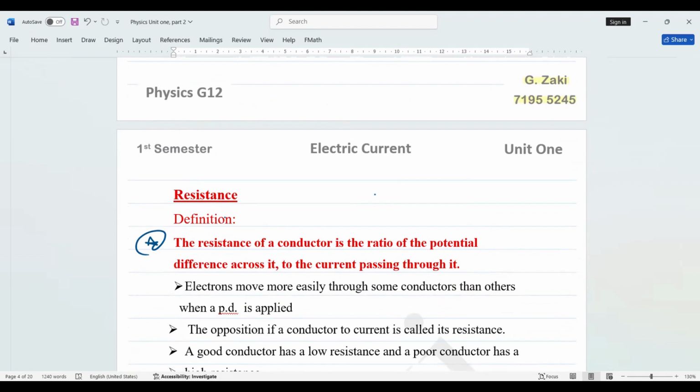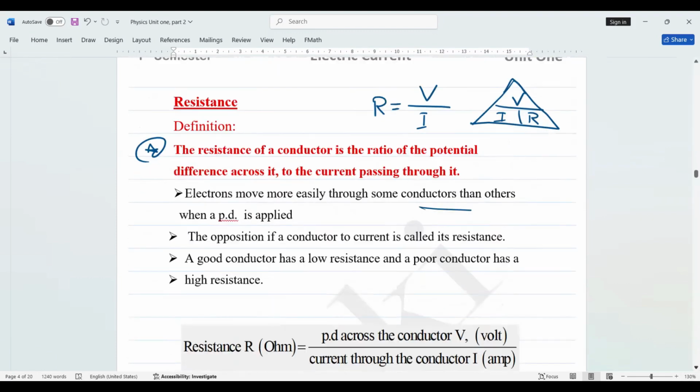The resistance, denoted by R, is the ratio of the potential difference V to the current I. So this is V, here I, and this is R. So R equals V over I, and V equals I times R. Electrons move more easily through some conductors than others. So a good conductor has less resistance, and a bad conductor has more resistance.